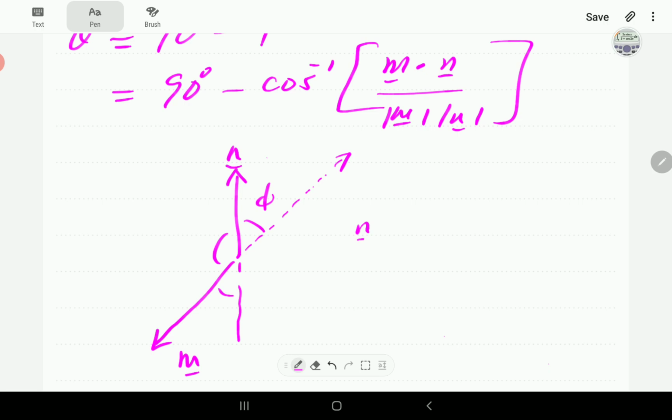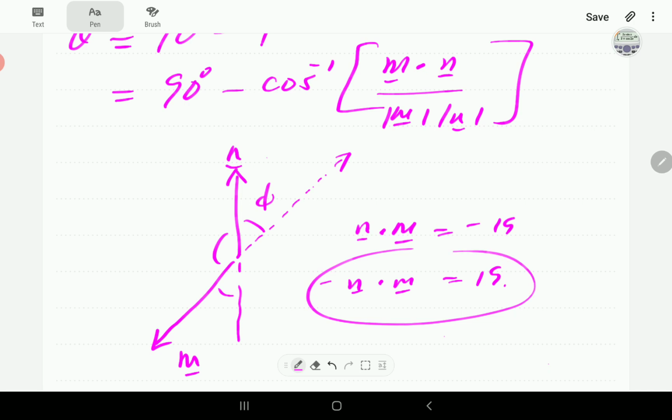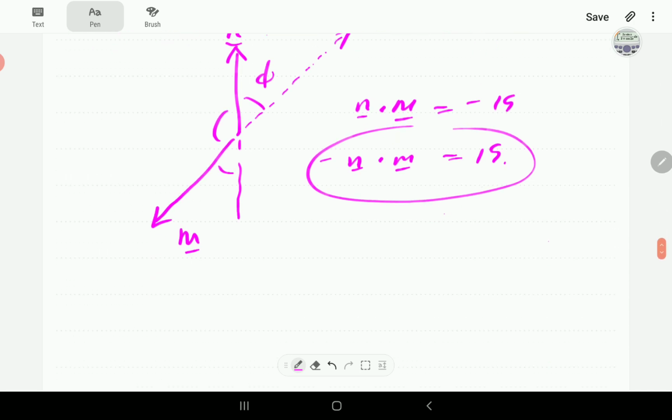Because if you have n dot m equals negative 19, then negative n dot m is positive 19, because we want an acute angle. So I'm going to plug in positive 19 there.